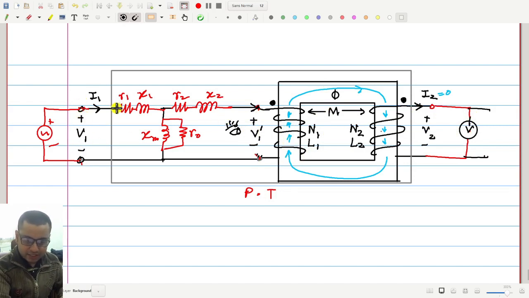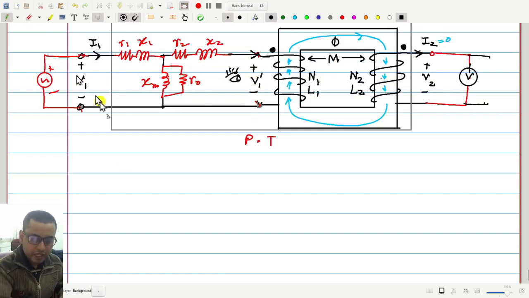So the difference is the voltage drop that occurs from this point to this point. Okay, so here to here there is a voltage drop, and that quantity is the error in the measurement.